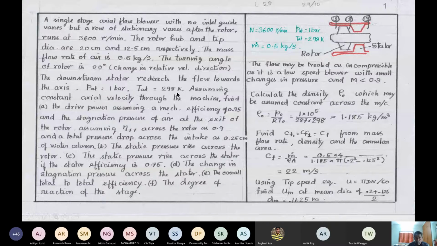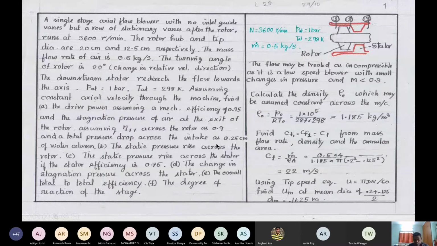Now assuming constant axial velocity through the machine, find the drive power assuming a mechanical efficiency of 0.95, and the stagnation pressure of air at the exit of the rotor assuming total to total efficiency across the rotor as 0.9 and the total pressure drop across the intake as 0.25 centimeters of water column.